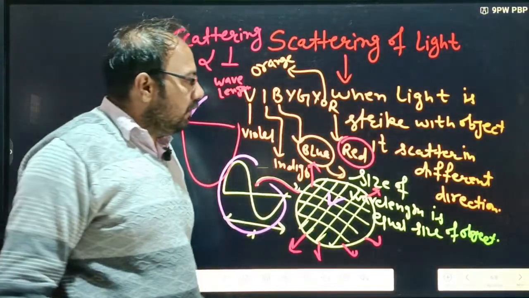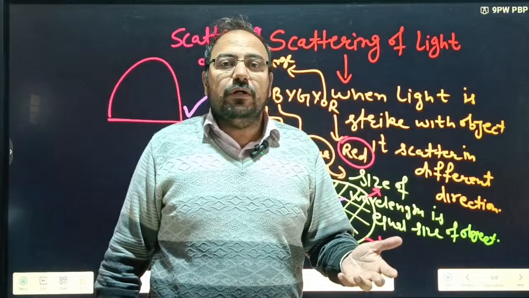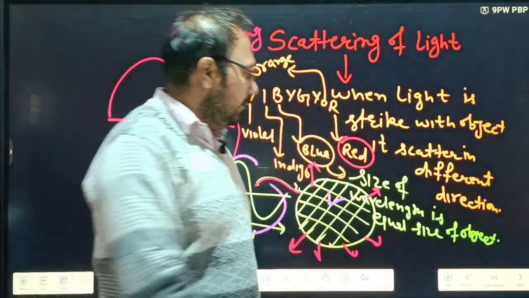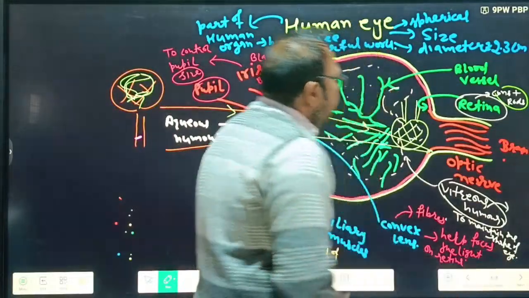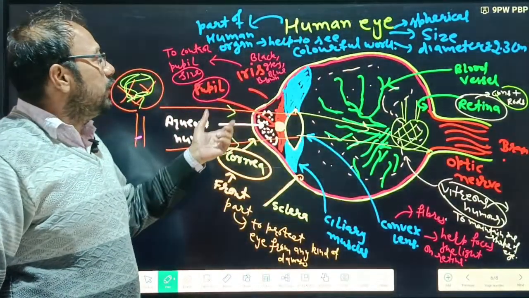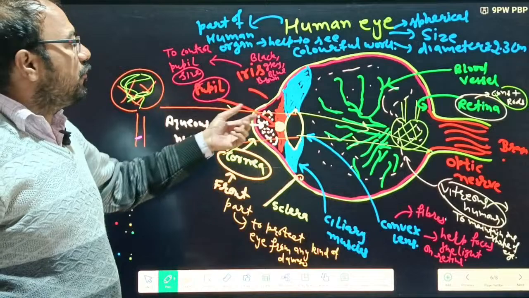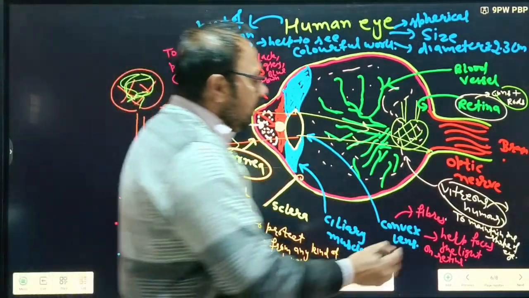After that, we explain the structure of the human eye. In the previous lecture we started the structure of the human eye, but this topic was not complete, so we will explain it again.